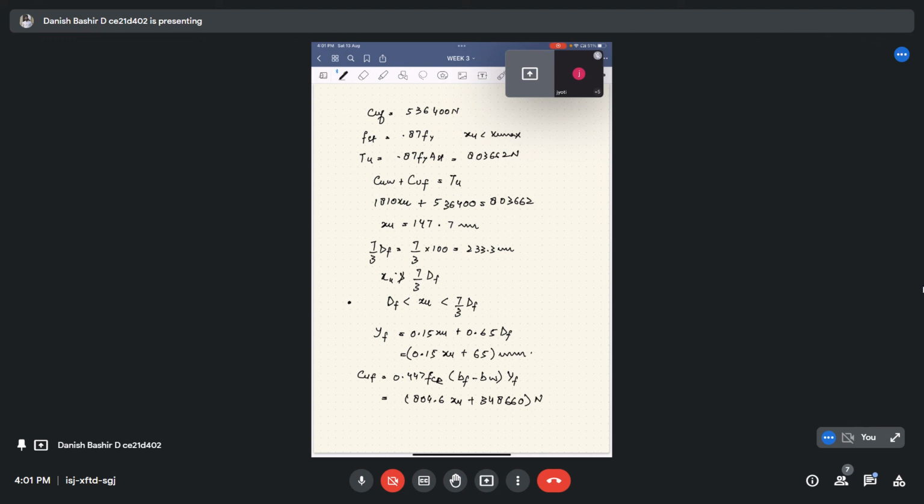So using the force equilibrium condition, C is equal to T, again putting CUW plus the newly calculated CUF will be equal to TU.